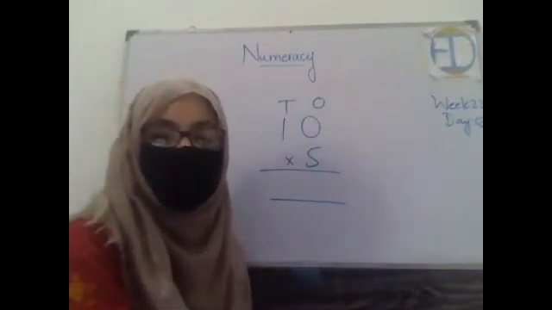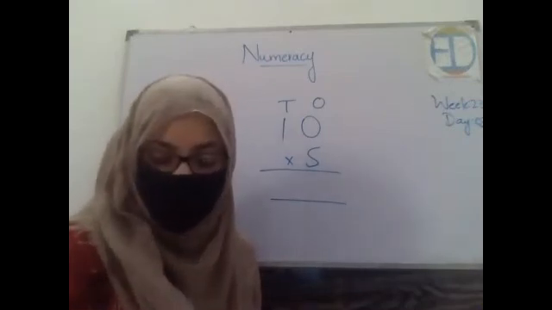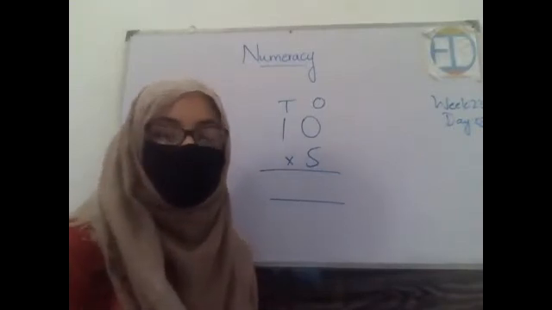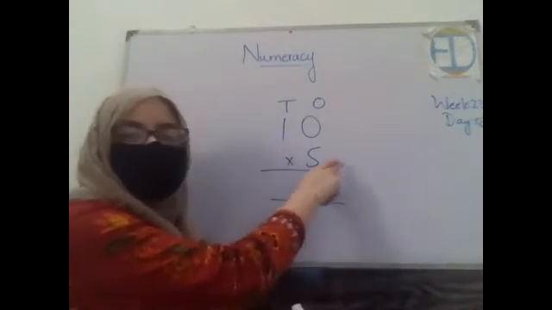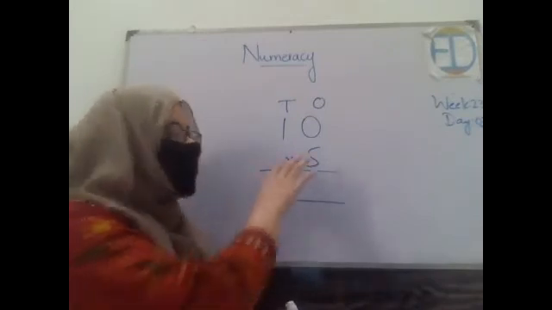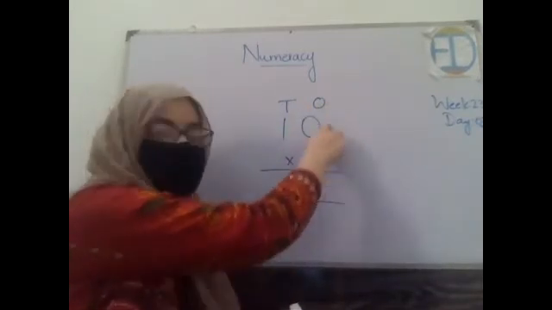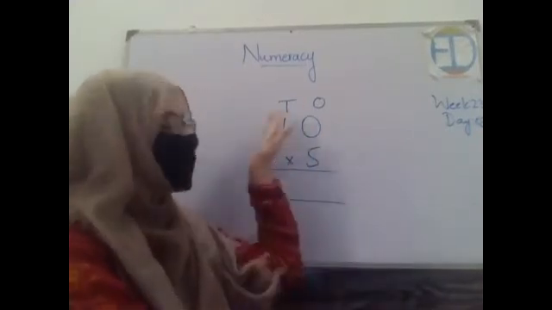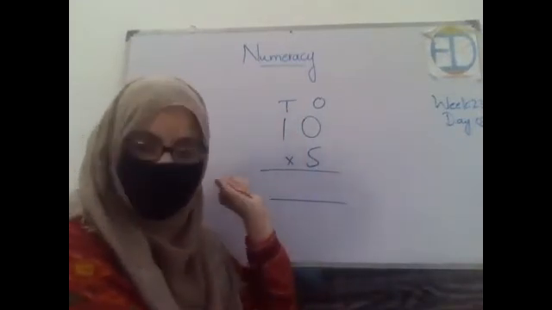Because this will help us if we have a 3-digit number or a 2-digit number, to remove the confusion about where I should write this number. Should I write 5 over here or over here? Because it's a 1-digit number, it's a 2-digit. So in order to remove that confusion, we write these place values. Now this was a 1-digit number, so it will come under the ones column. That is why I have written 5 over here. And this was a 2-digit number, so this is the ones column and this is the tens column, right?